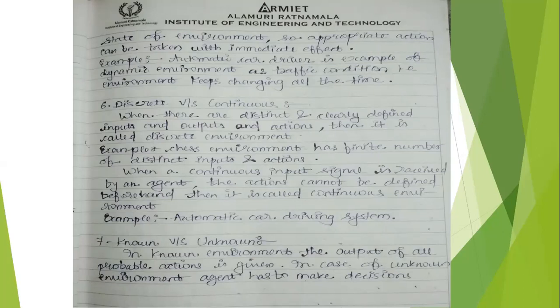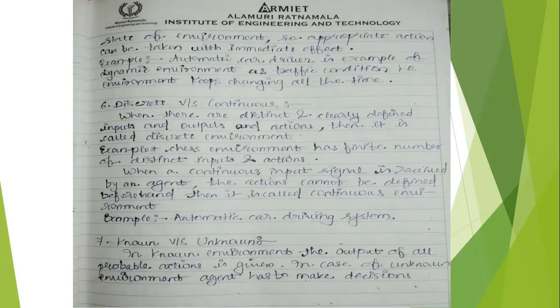We cannot predict the action of the agent, because continuous input signal is being received. For example, in automatic car driving, the agent cannot predict where the other cars will move, what the destination of other cars is, what other agents are thinking. Okay, so it is a continuous environment.